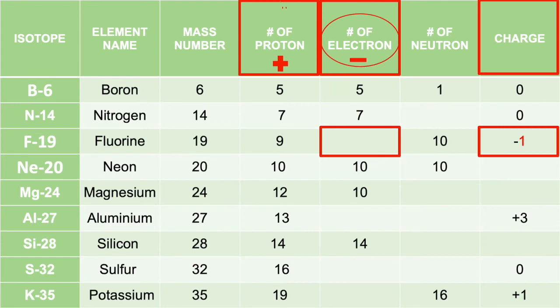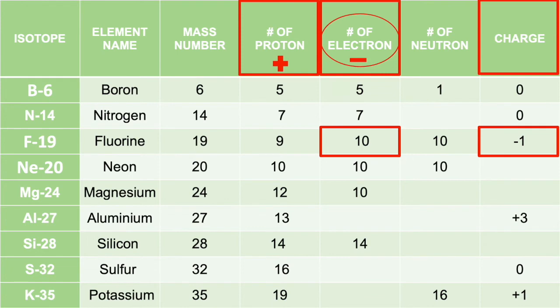Take note that after the symbol of the charge is a number. This number will tell us by how much the electrons are more or less than the number of protons.